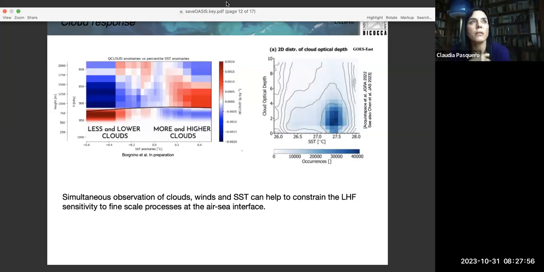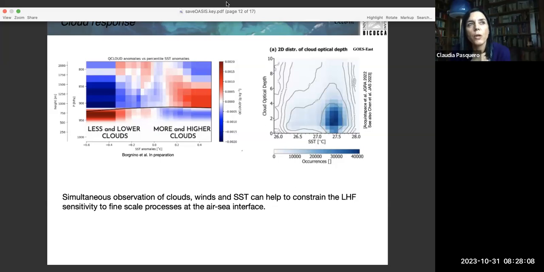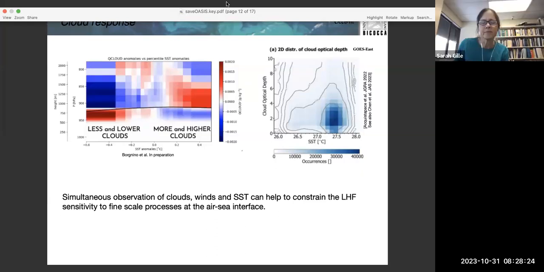As I said, different processes would be triggered, because I think this is really related to the inversion layer and the stability properties that we have there. So clearly different processes would occur in different parts of the world. For instance, we noticed that very large fluxes are found when there is a cold air outbreak.